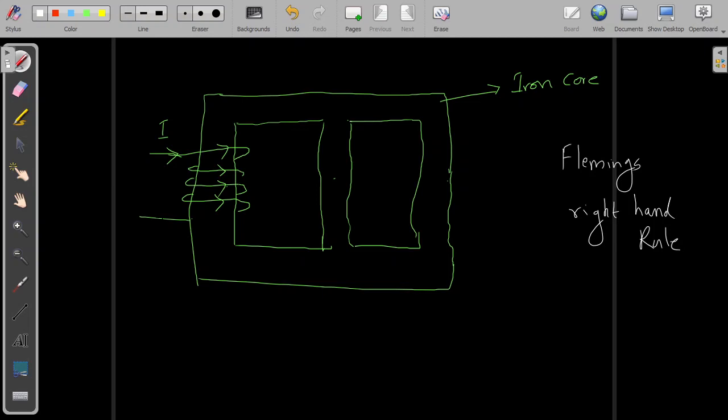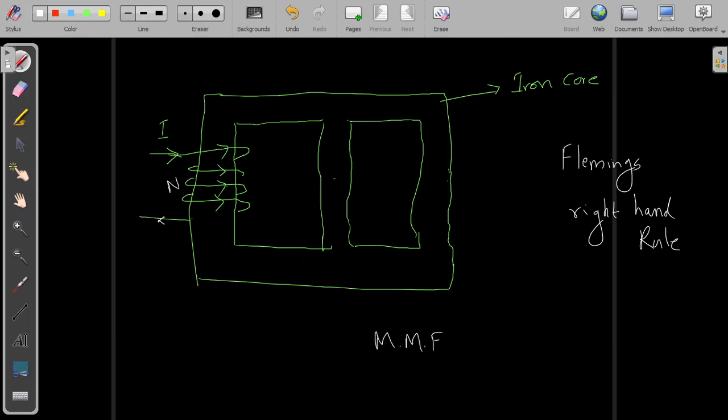So if a current is allowed to flow into these turns, for example, capital N number of turns, then at that instant a magnetomotive force will be developed.